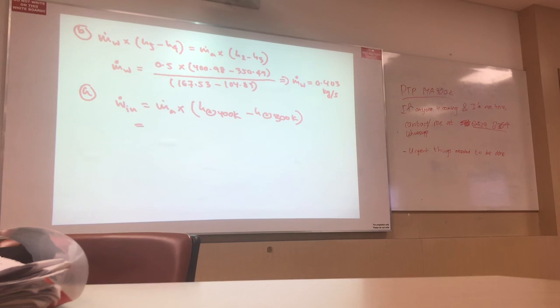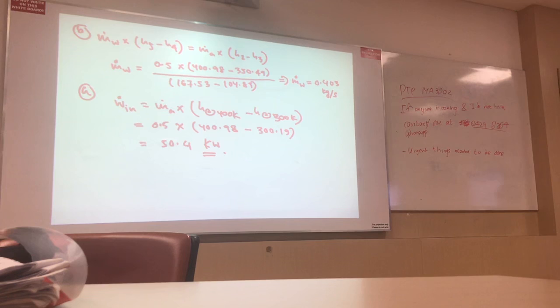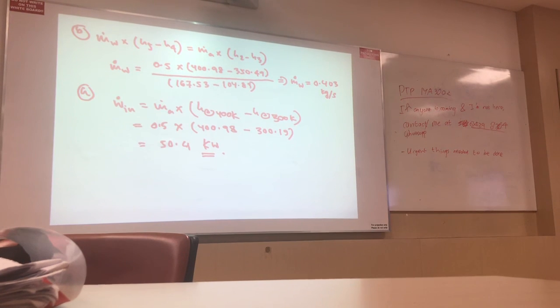Now we are going to substitute the numbers: 0.5 times 400.98 minus 300.19. Then I get 50.4 kilowatt. All right, I give you the answer, but the most important thing is the understanding. Okay.